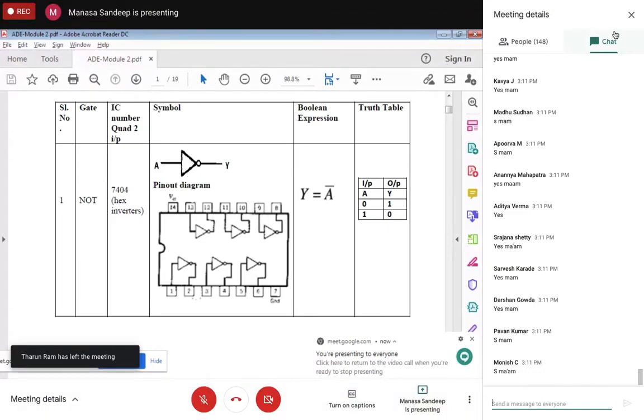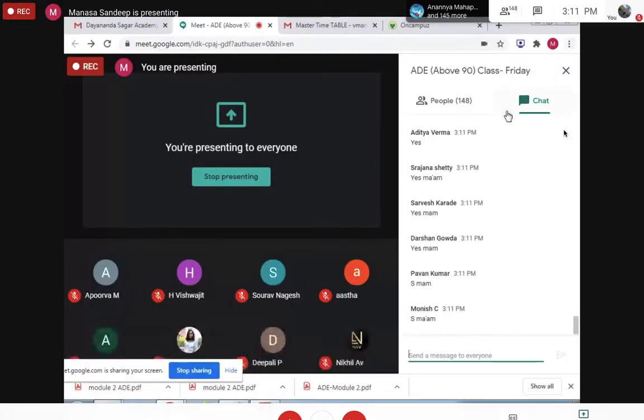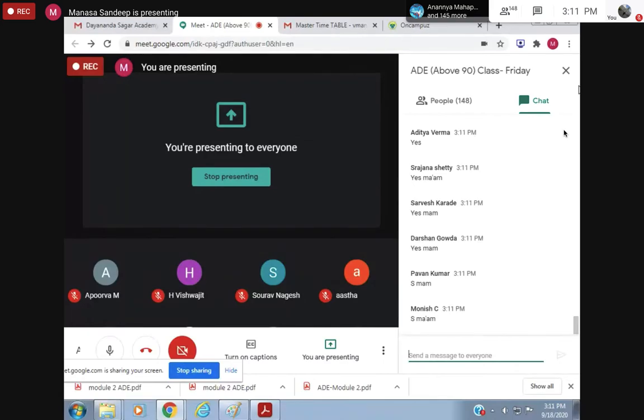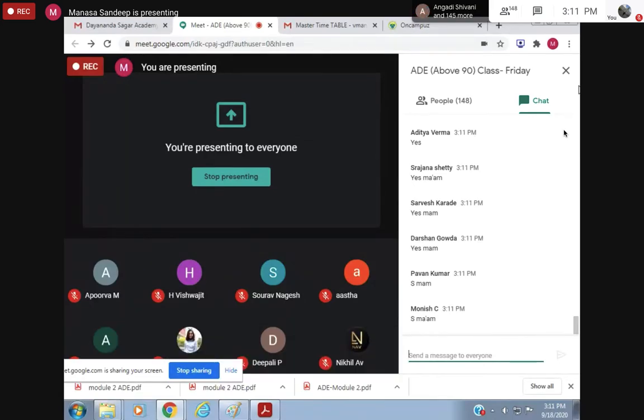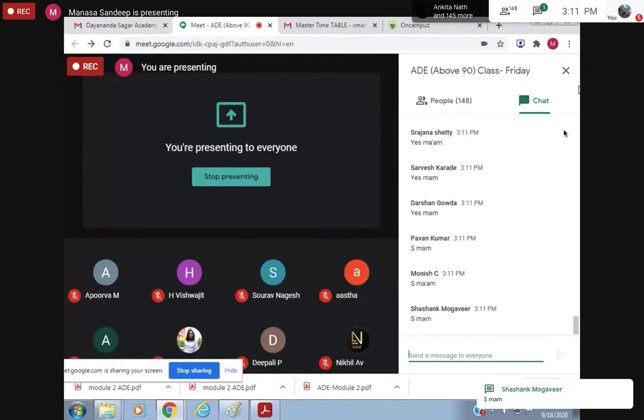So what do you think? My actual question was this one. What is the need that we need to study this digital electronics? Why do we need to know about these gates? Why do we need to deal with zeros and ones? What do you think?